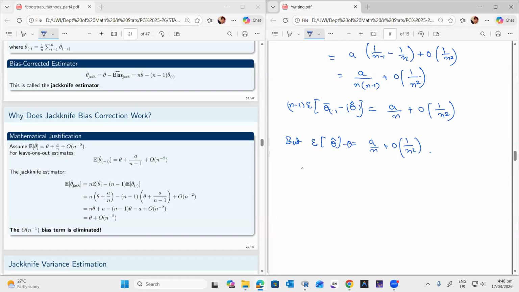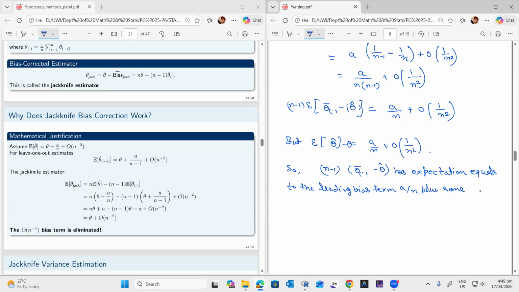Right. So here what we will say: n minus 1 times theta bar dot minus theta cap has the expectation equal to the leading bias term a upon n plus some smaller order terms.